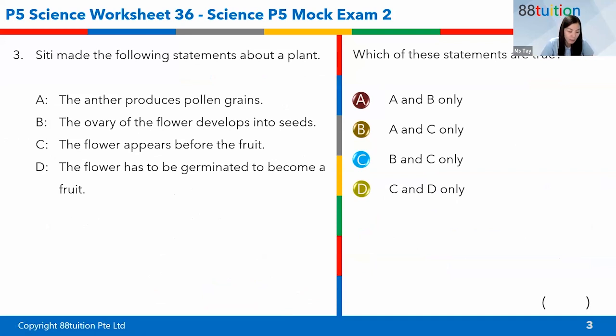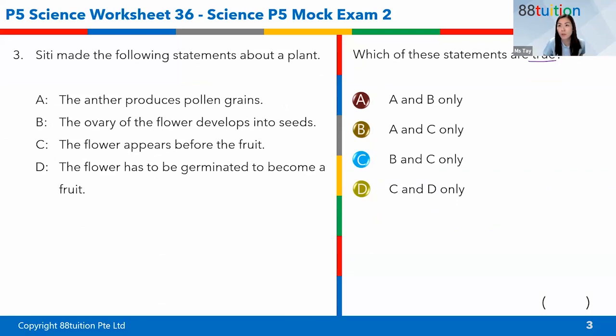Question 3. Siti made the following statements about a plant. The anther produces pollen grains. The ovary of the flower develops into seeds. The flower appears before the fruit. The flower has to be germinated to become a fruit. So which of the statements are correct? You should know by now. Answer is, I think question 3 is not a problem.